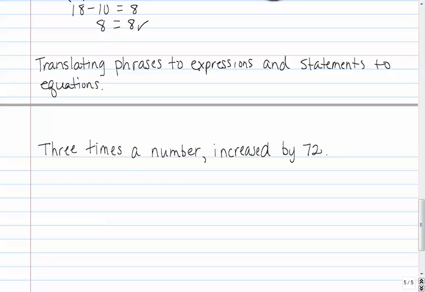Okay, we don't know what the number is, so that's going to be our x, or you could let it be any variable, but we're going to use x. So 3 times x, you could just write that as 3x, that means 3 times x. Increased by means you're adding, right? So we're going to increase it by 72, so it's 3x plus 72.